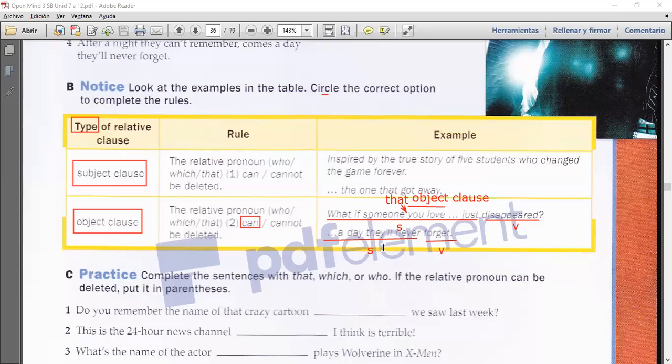Into the subject is also the object clause. Into the subject is the object clause. Okay, into. How? Let me know how.